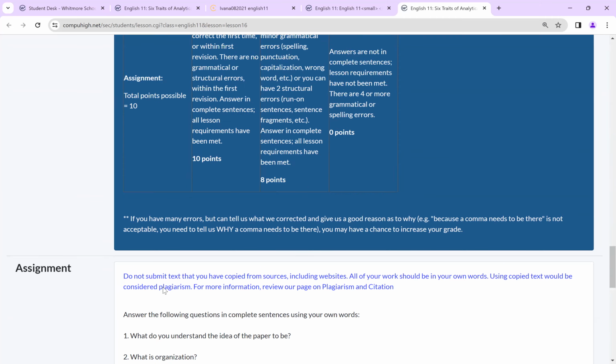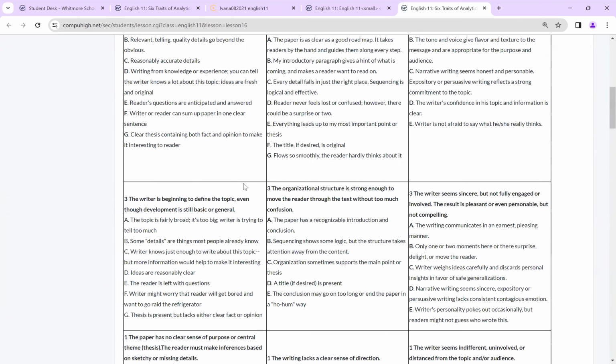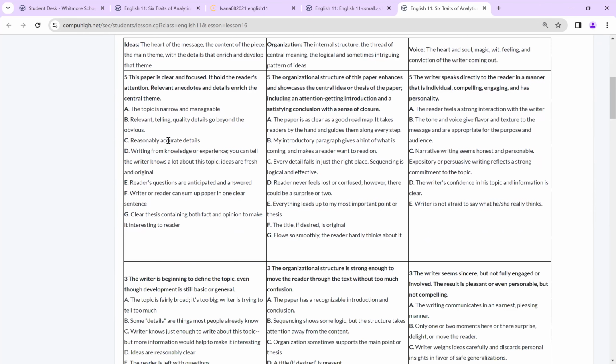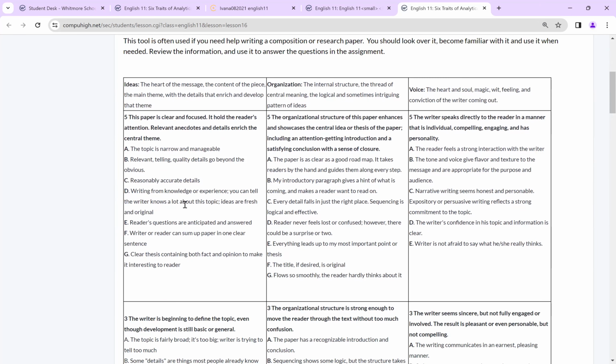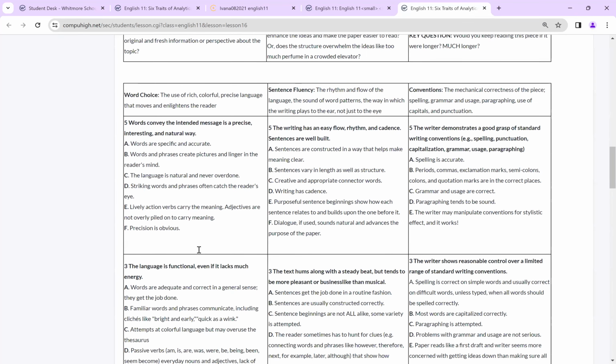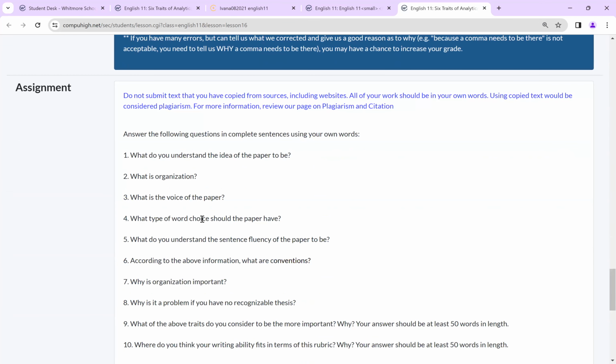What is the voice of the paper? So I saw organization up here. This is about organization. A little unsure about how to proceed. I think they just want you to summarize what is in these boxes. Okay. Let's look at a few more: word choice, fluency, conventions. Why is organization important? All right. Okay. Well, we can certainly answer these.